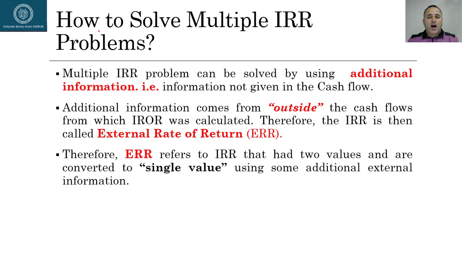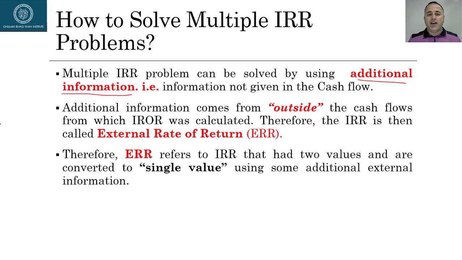Now, how do we solve for multiple IRR problems? Of course, if we have multiple IRR problems, I have to choose one rate. I cannot go with multiple rates. For project selection, I have to choose one. So how do we choose that? Multiple IRR problems can be solved by using additional information.